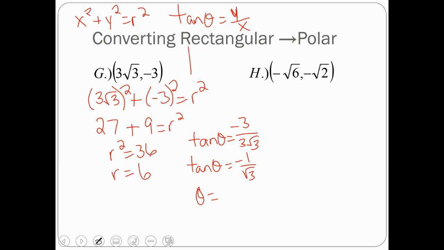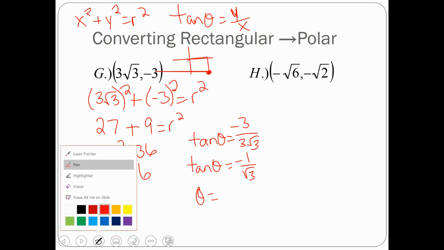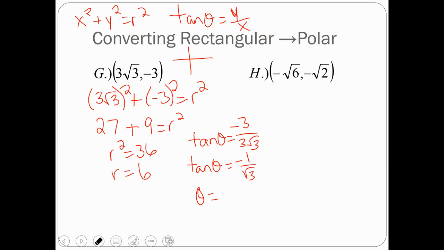If you actually were to graph this, the point would be in the 4th quadrant. I have to erase that again. There we go. Let's try that again. Over to the right and then down, it would be over here somewhere. So we need a 4th quadrant pi over, what did I say, 6? Pi over 6 angle. So that would be 11 pi over 6. So our ordered pair for this one would be 6, 11 pi over 6.